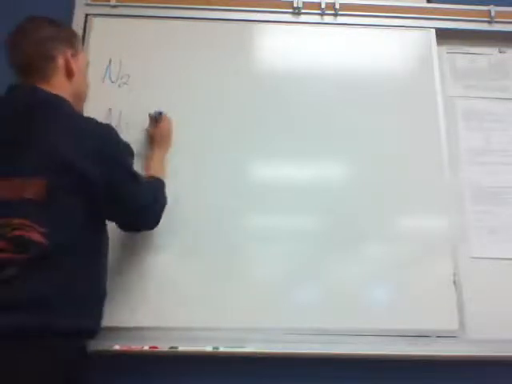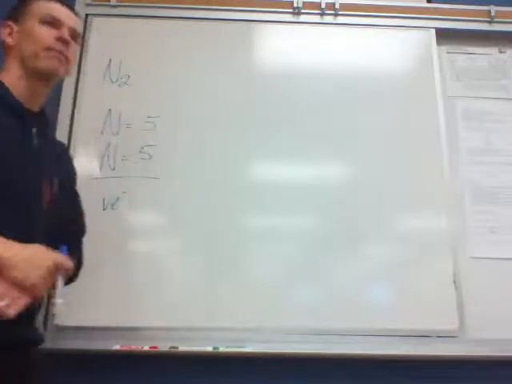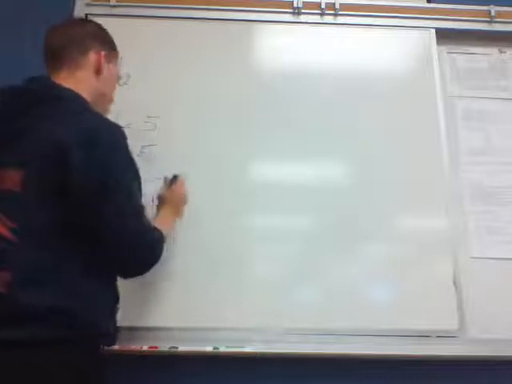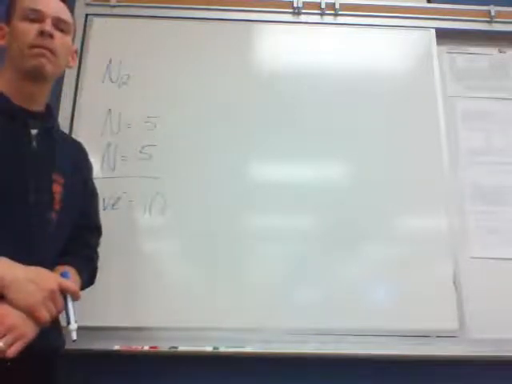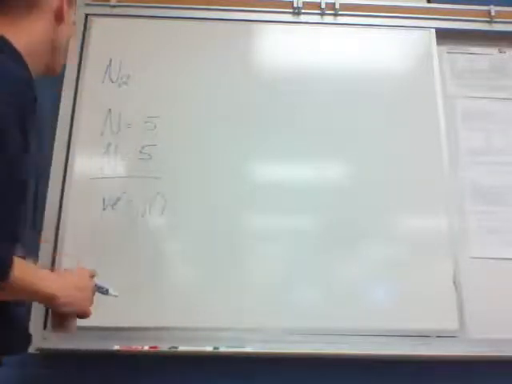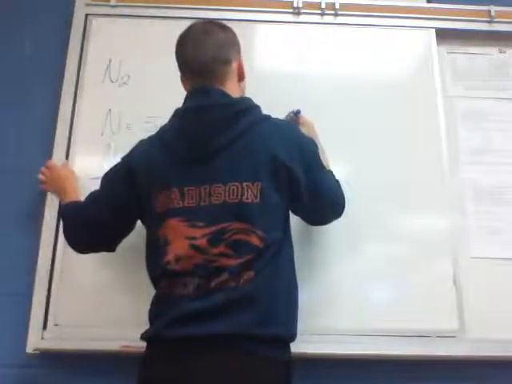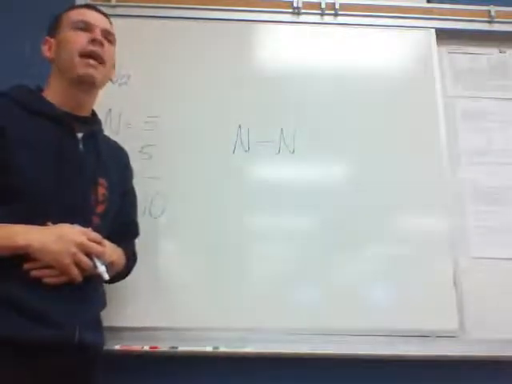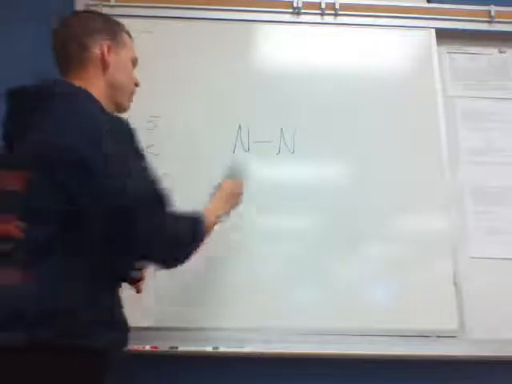Therefore, he's got 5 valence electrons. That gives me a total dot drawing of 10. There won't be a central atom because there's only 2 items. So I'll just bond them together. And then add dots to make everybody happy.